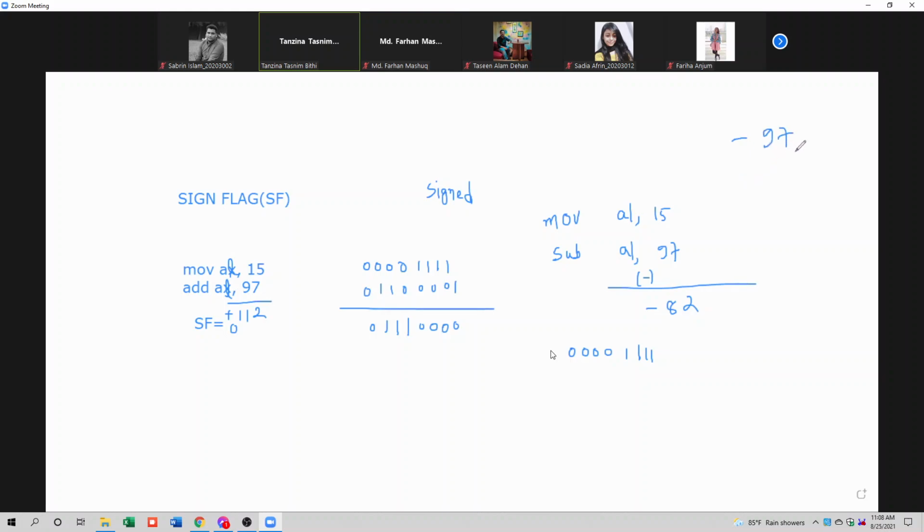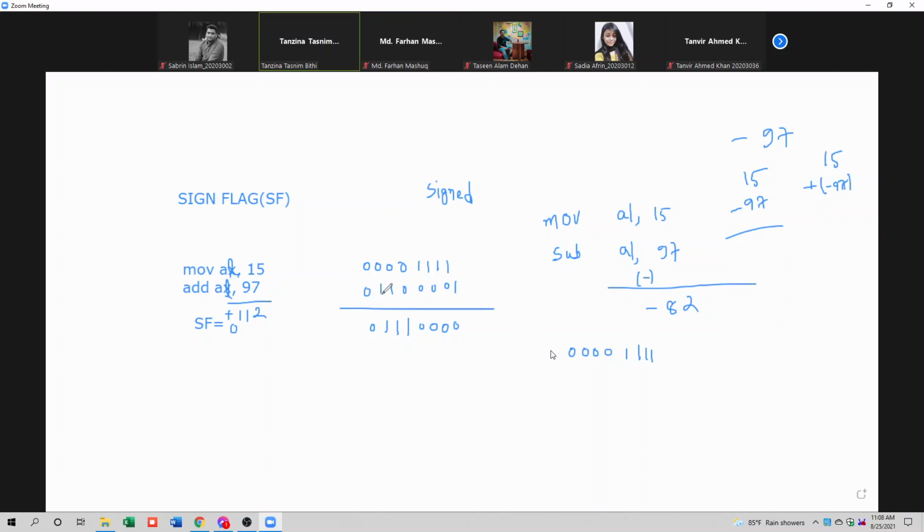Then we'll add it with 15, right? Look, 15 minus 97 and 15 plus minus 97 are the same thing, isn't it? So now we are going to figure out minus 97.